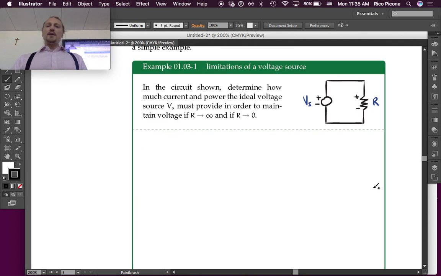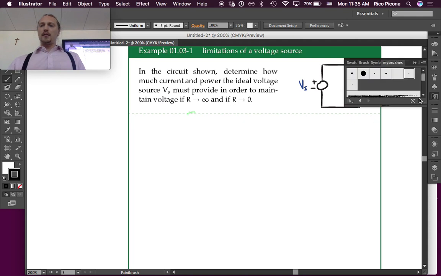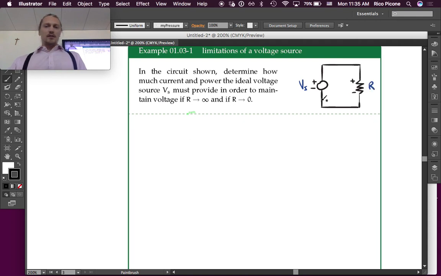So, this is a basic circuit. We can do a little circuit analysis on this. Since the voltage across the resistor is known to be Vs, so since we know that VR is equal to Vs, how do we know that?